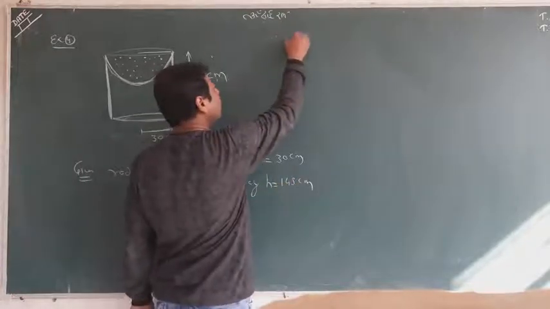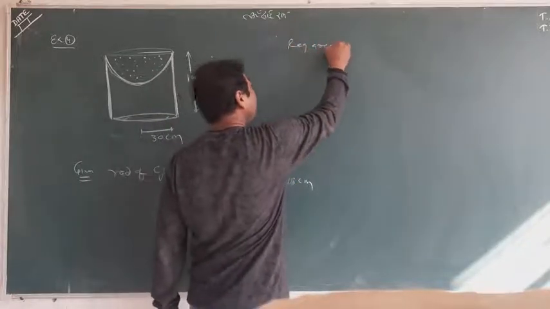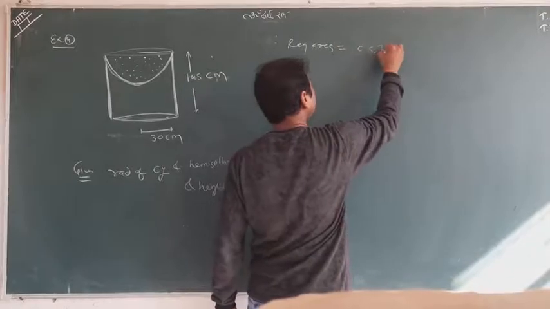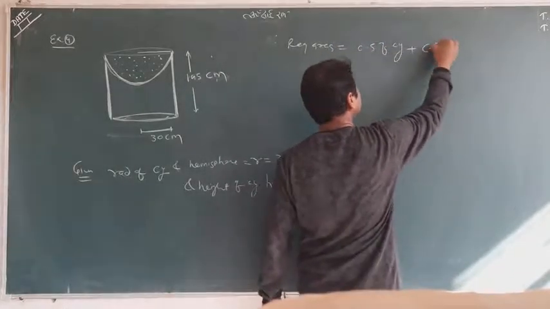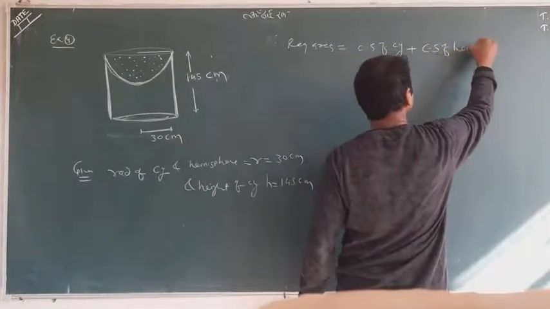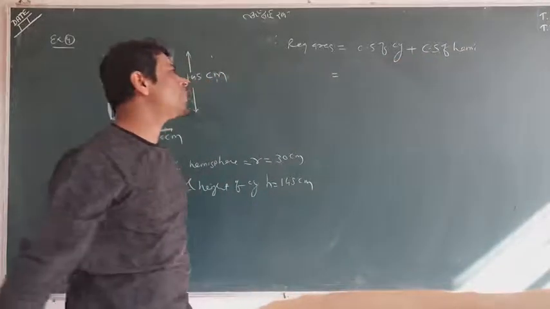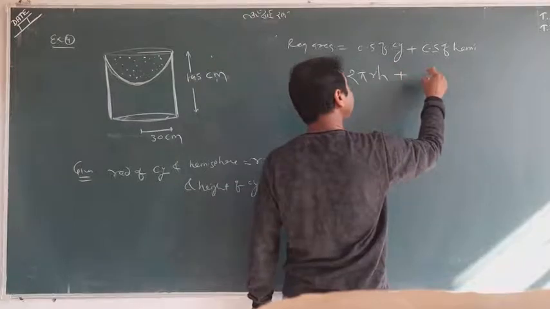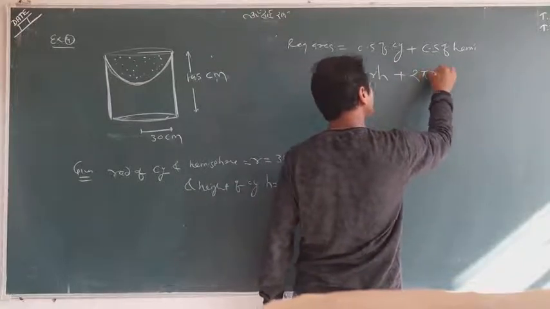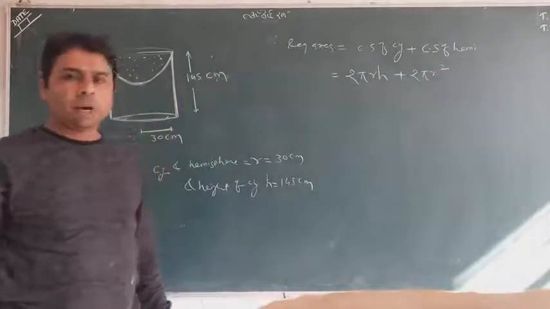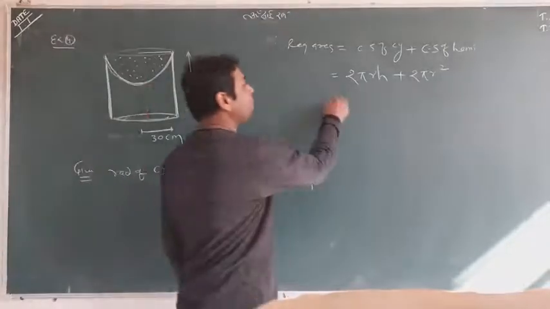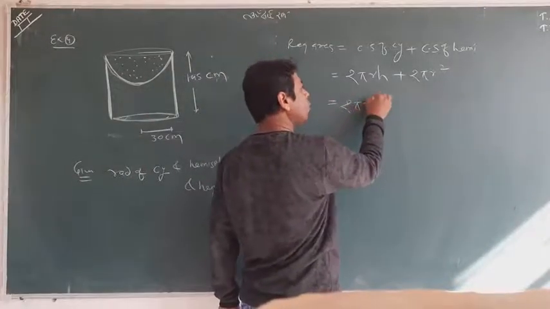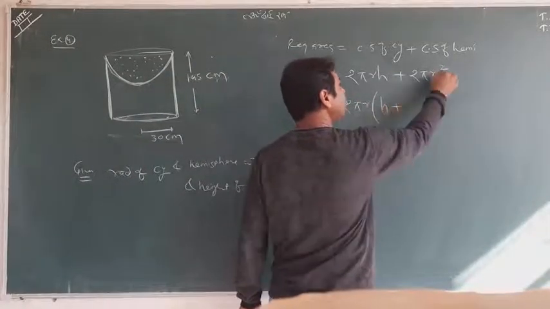So I would write the required area directly: curved surface of cylinder plus curved surface of hemisphere. The curved surface of the cylinder has formula 2 pi r h, and the curved surface of the hemisphere is 2 pi r square. Now don't put values, but take out common: 2 common, pi common, r common. Remaining is h, remaining is r.